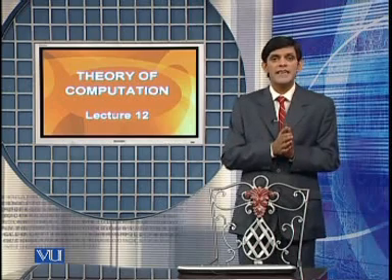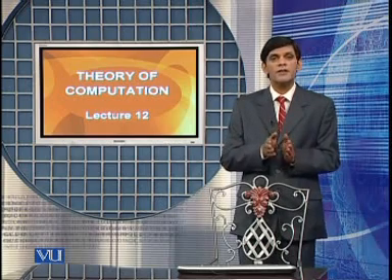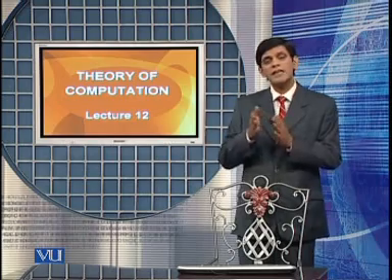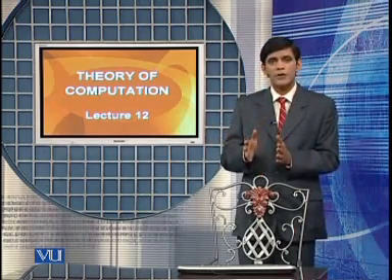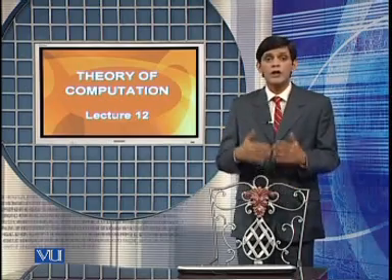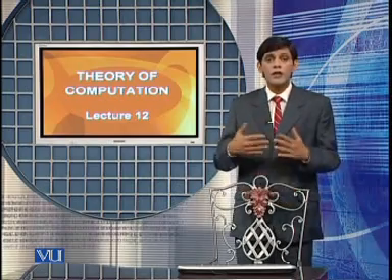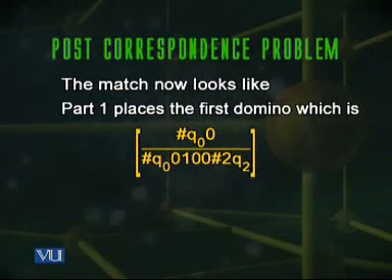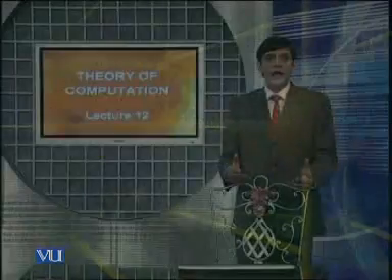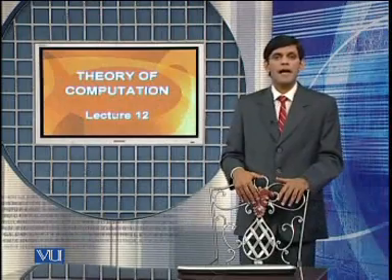That's because delta of Q0, 0 goes to state Q7, writes a 2 and moves to the right. That's what the machine did, and we placed this domino. So we must use this domino to continue the match. Let's look at what happens. Now the match would look like we will have Q0, 0 at the top and the initial configuration at the bottom, followed by 2Q7.